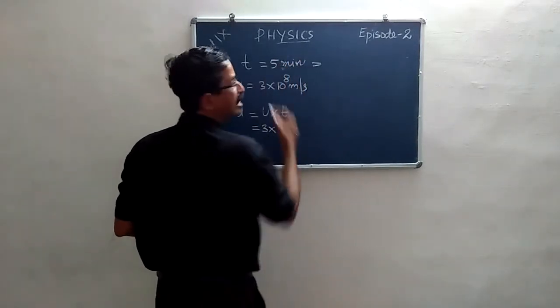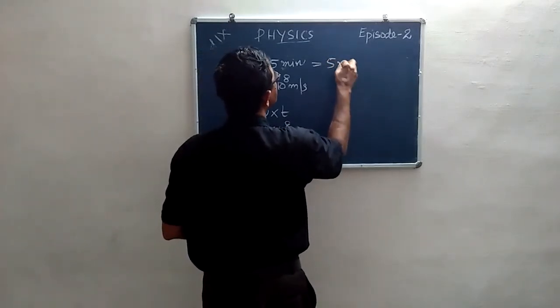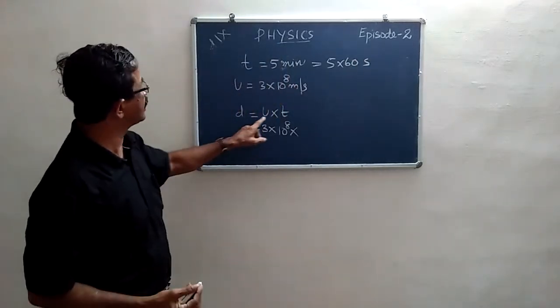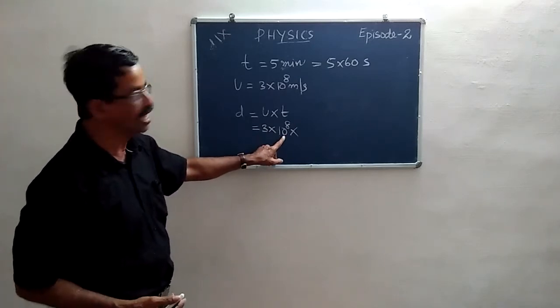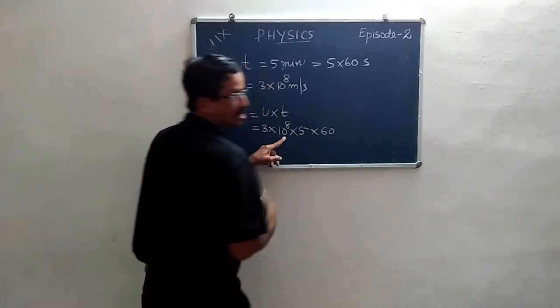Now this minute we can change into seconds, that is 5 into 60 seconds. So the distance d is equal to v into t, that is 3 into 10 raised to 8 into 5 into 60.